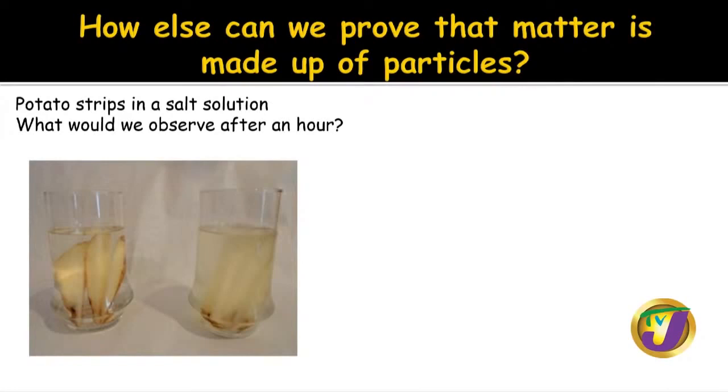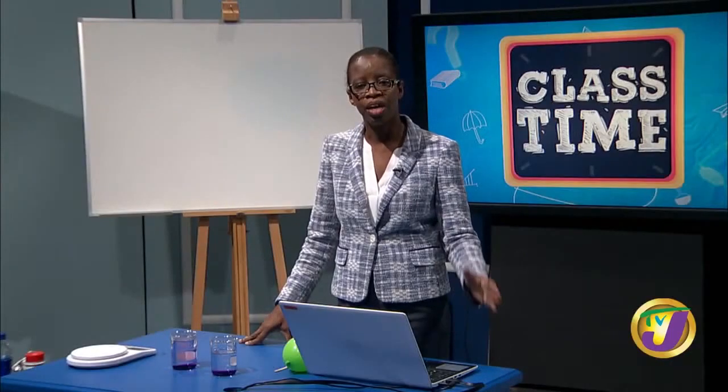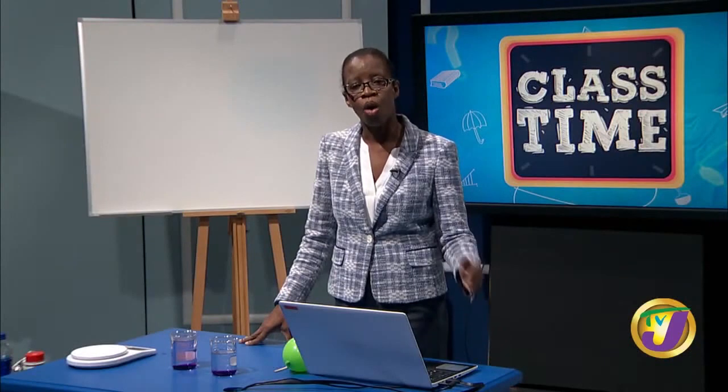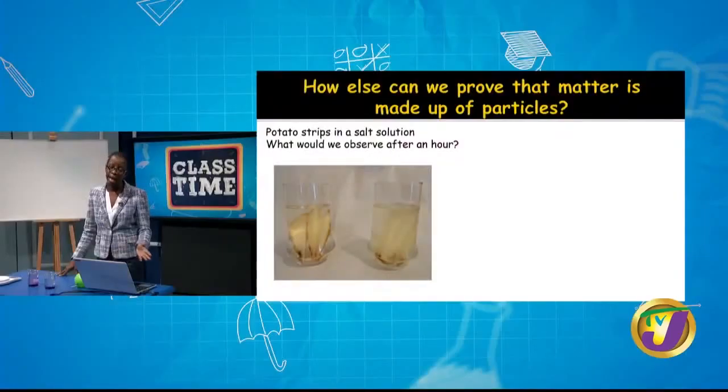And what has really happened is that the water molecules in the cells of the potato would have moved out of those cells into the salt solution. Again, if you had the potato in regular water, not a salt solution now, we would also see that in this case, the potato strips would become firm or harder, or what we call turgid.